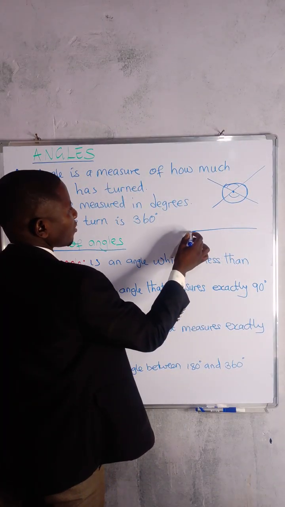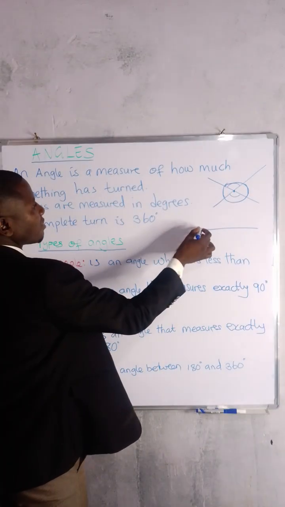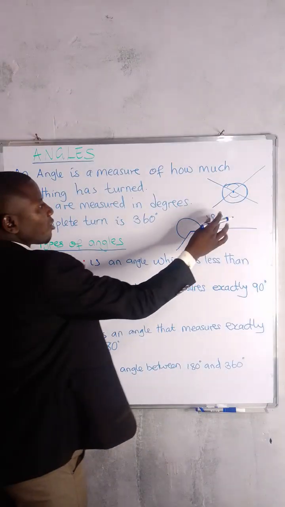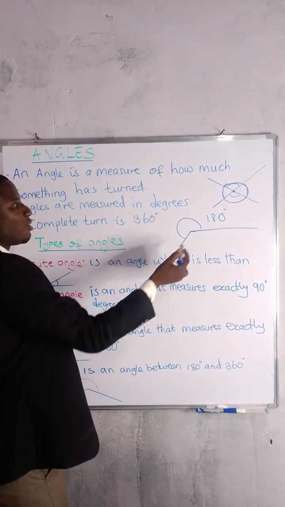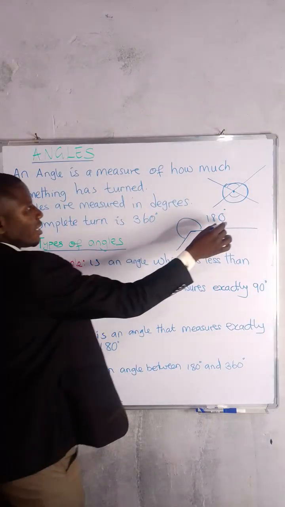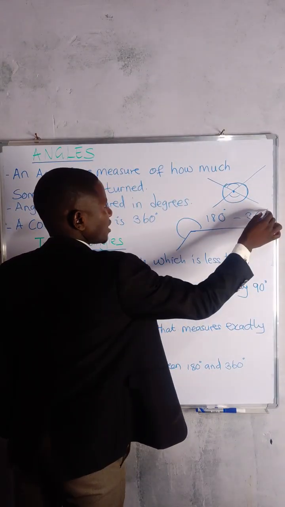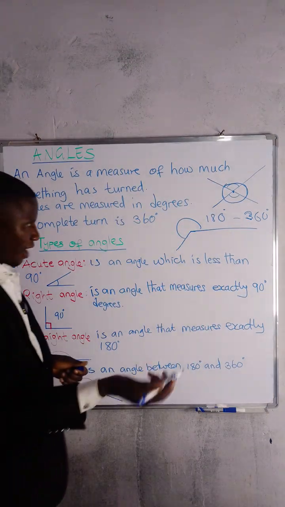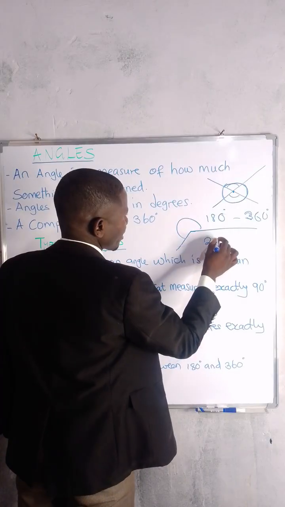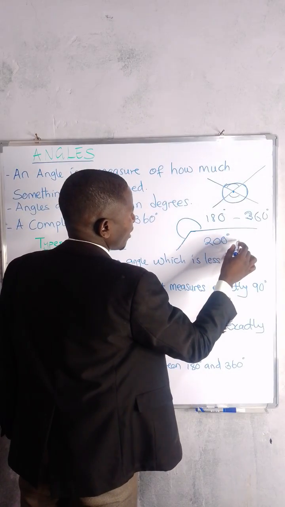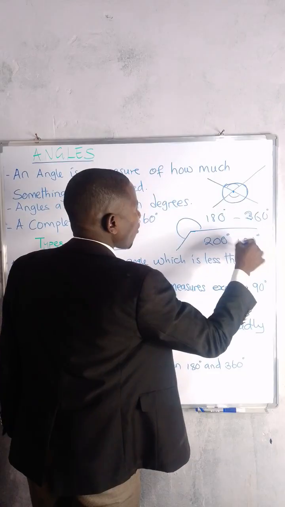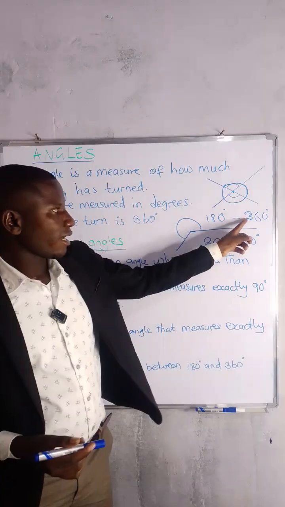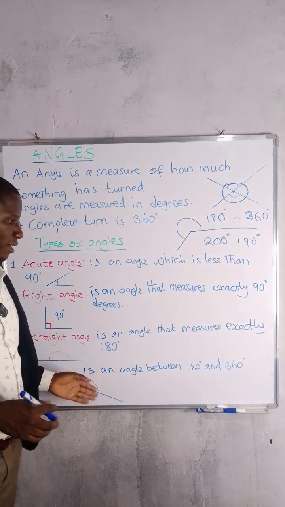For example, if this is the point here and this angle turns like here, it means that this angle is more than 180 degrees. So angles between 180 and 360 degrees are called reflex angles, meaning angles like 200 degrees, 190 degrees. All the angles between 180 degrees and 360 degrees are known as reflex angles.